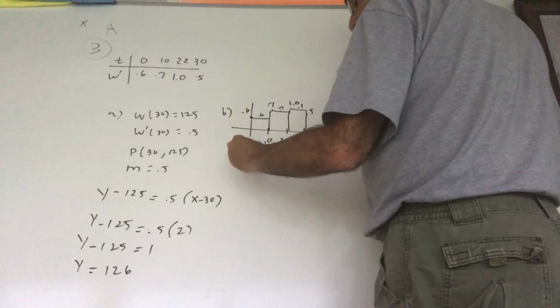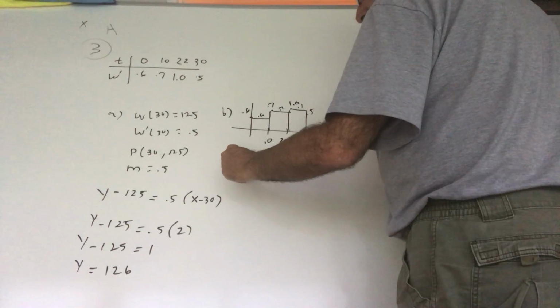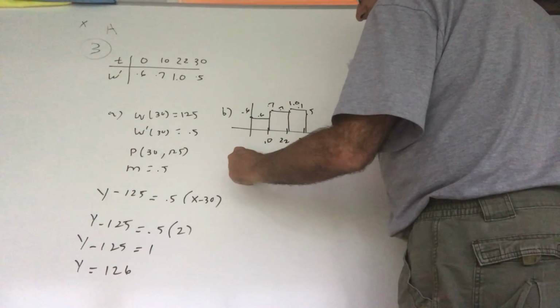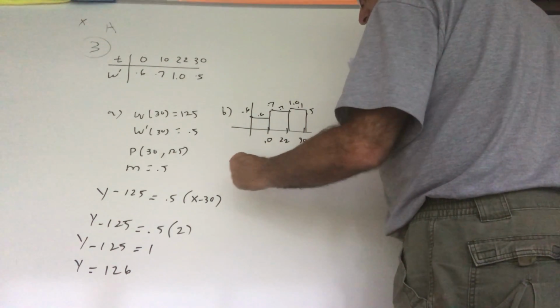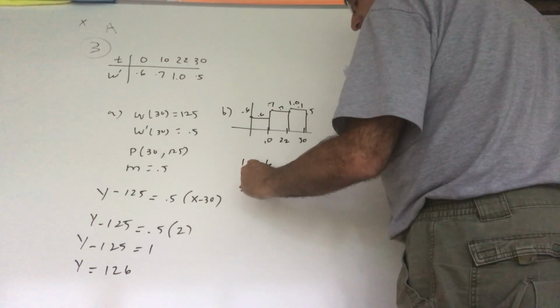So 10 times 0.6, 12 times 0.7, and then 8 times 1.0.